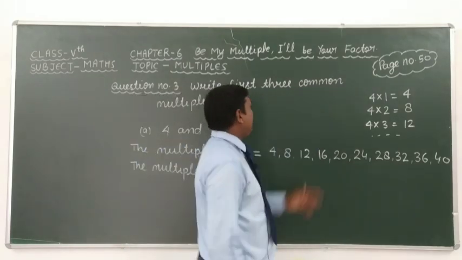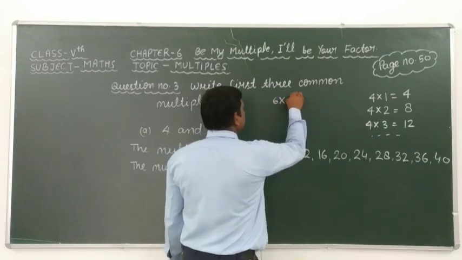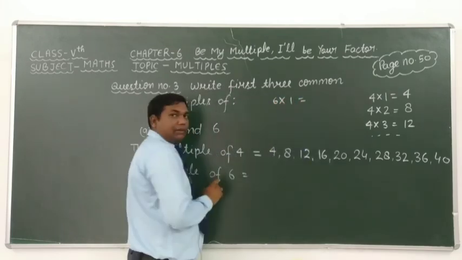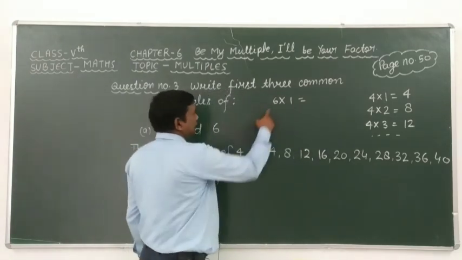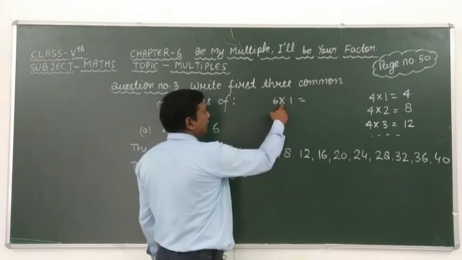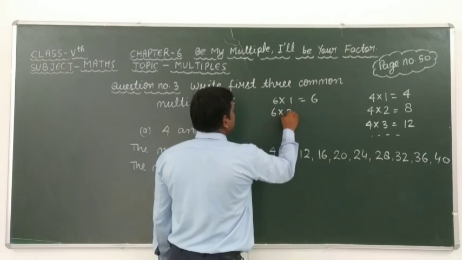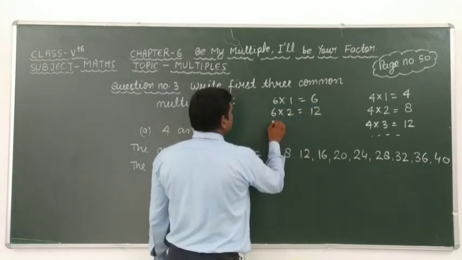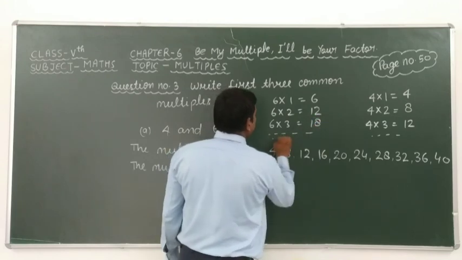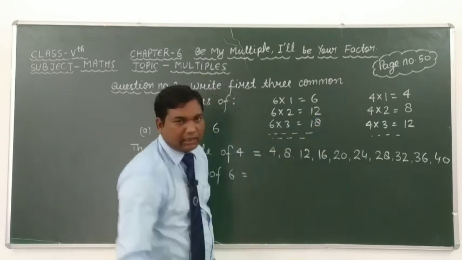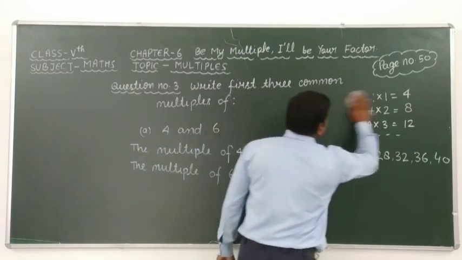Similarly if we take the multiplication of 6 and any number, then we get its multiple. Okay, look at here carefully. Here given that 6, therefore we take 6 into 1 is equal to 6, 6 into 2 is equal to 12, 6 into 3 is equal to 18. Similarly we can write all numbers.